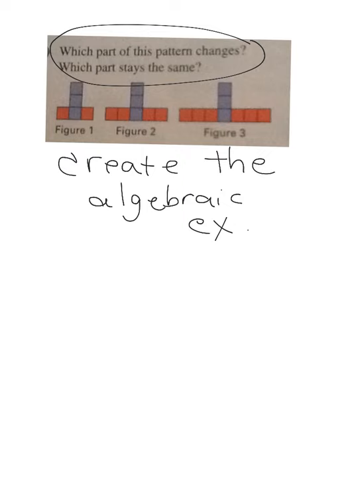So create the algebraic expression and also tell me which part changes and what stays the same. Because once you figure out the constant and the variable, it's easier to create the algebraic expression. Again, if you didn't understand this, please go back and watch it again, make notes, watch it a third time if you need to. There's no harm in doing that until you understand it, okay?